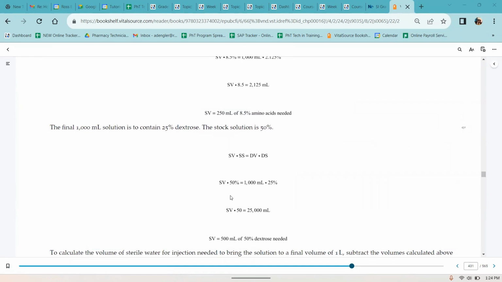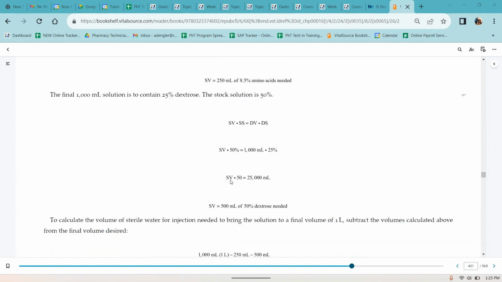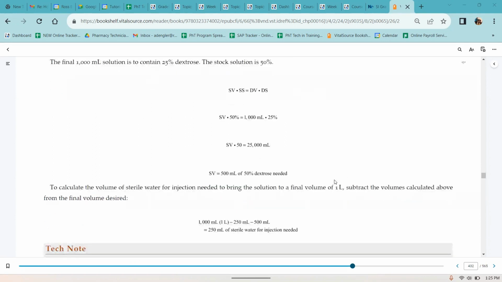So you can see here, our stock strength is 50%. Our desired volume is the 1,000 ml, and our percentage of dextrose is 25. So when we work out that problem, SV times 50 equals 25,000. We want to get SV alone, so we divide both sides by 50. We get 500 ml of 50% dextrose is needed.